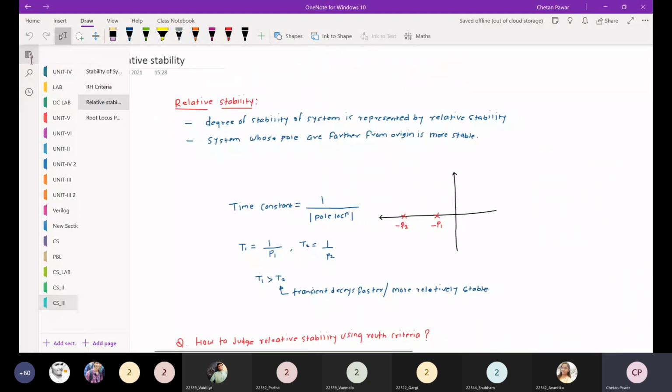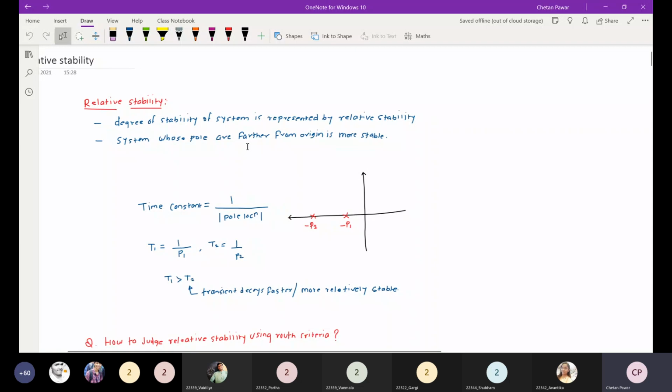The next concept is relative stability. So what is meant by relative stability? For example, consider an examination.